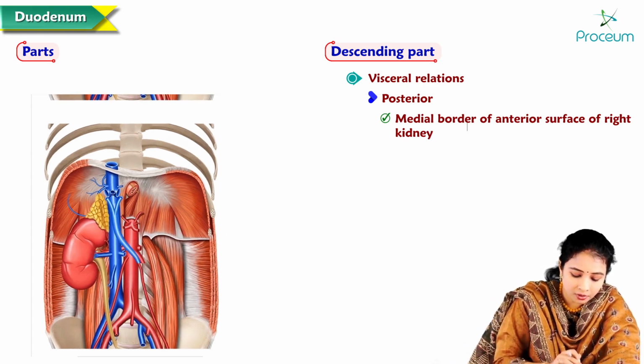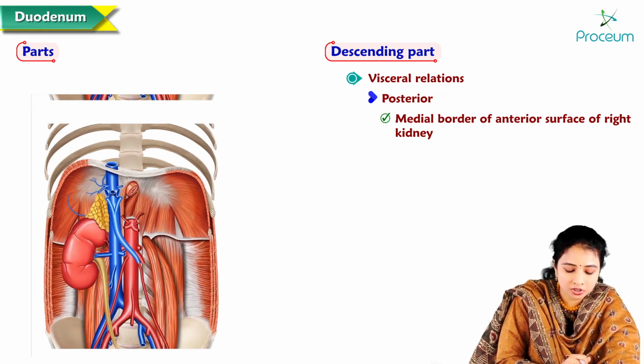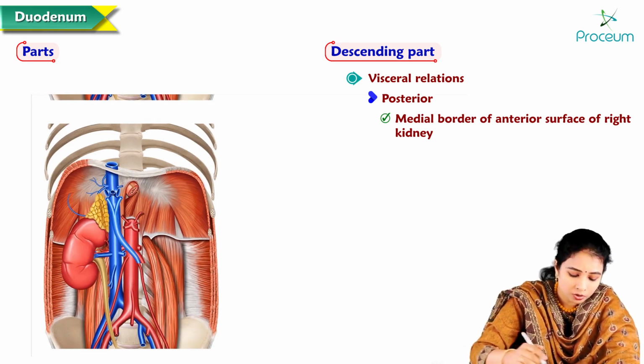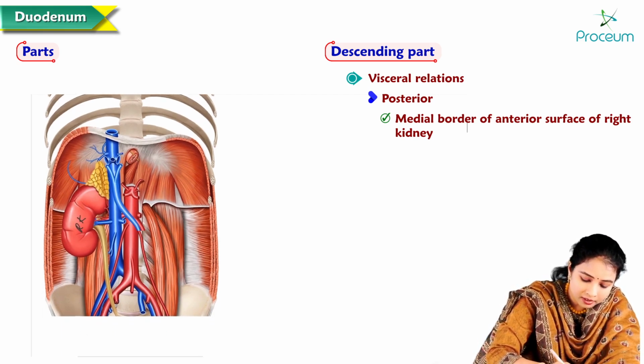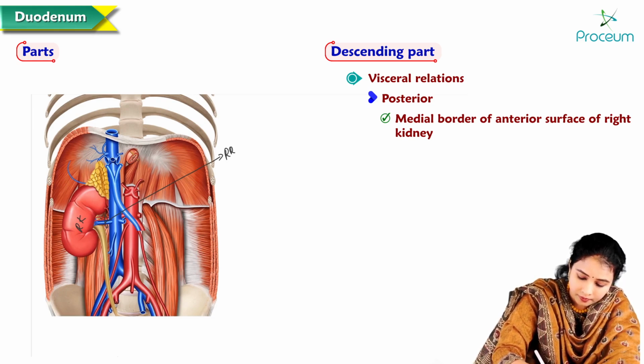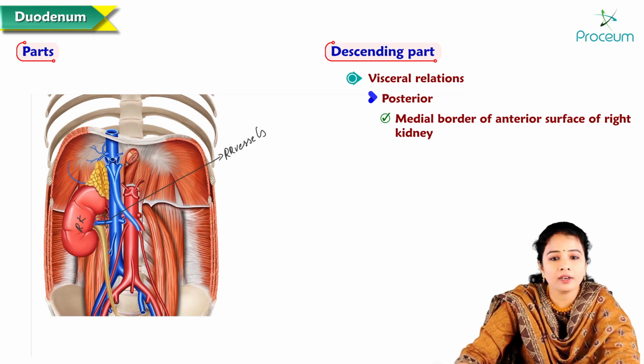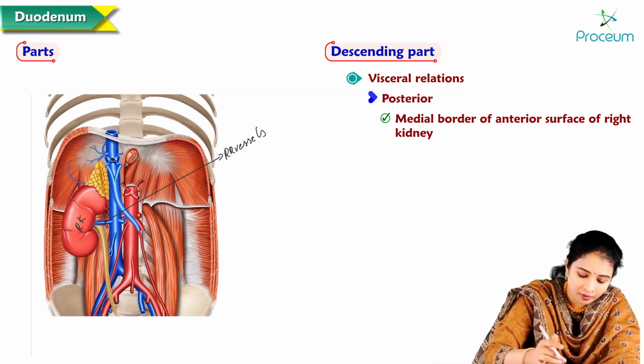So here the duodenum and pancreas are removed, showing the posterior relations of the second part. Posteriorly it is related to the right kidney and to the right renal vessels, which include both the renal artery and renal vein, and it is related to the right edge of the inferior vena cava.